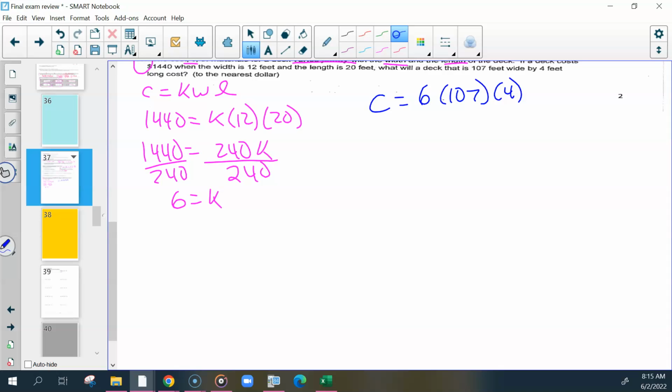And we can multiply those together to get our total cost, which is $256.80. Questions on that one?